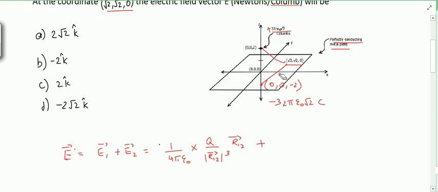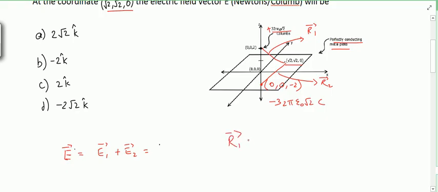So let me show how this can be found out. Suppose this is r1 and this is r2. I will directly put the values. r1 will be equal to field location minus source location.